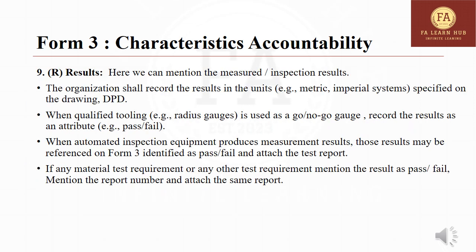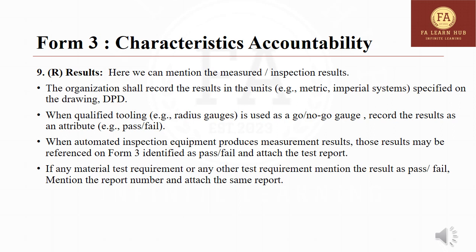Field number 9, result. Here we can mention the actual result or inspection result. The organization shall record the results in the same unit which is indicated in the drawing. For example, if the drawing calls for mm for a dimension, we have to mention the result in mm.